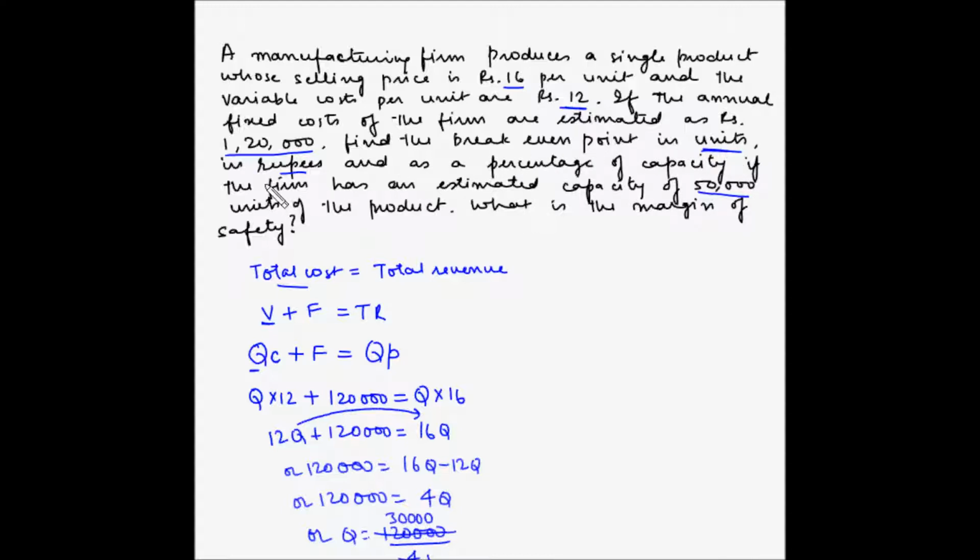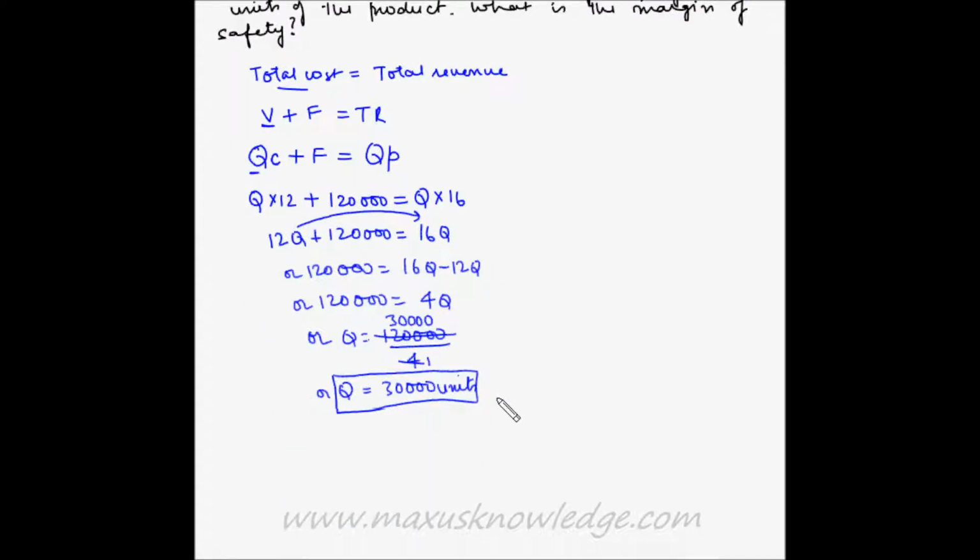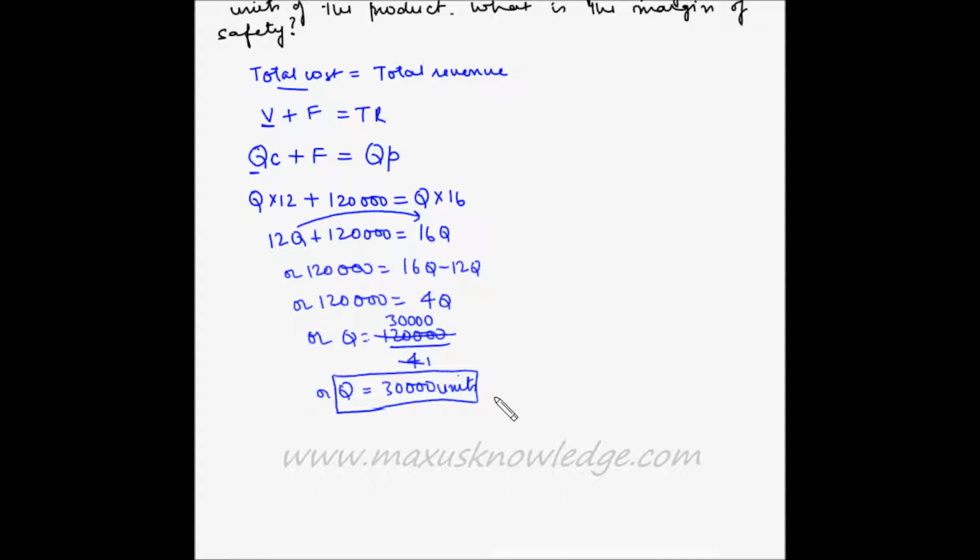Now the next one is to find it out in terms of rupees. So break-even point in terms of rupees means how much sales would have happened to recover all the cost. So we have the number of units that we need to produce. So to convert this into sales, we have to multiply this by the unit selling price.